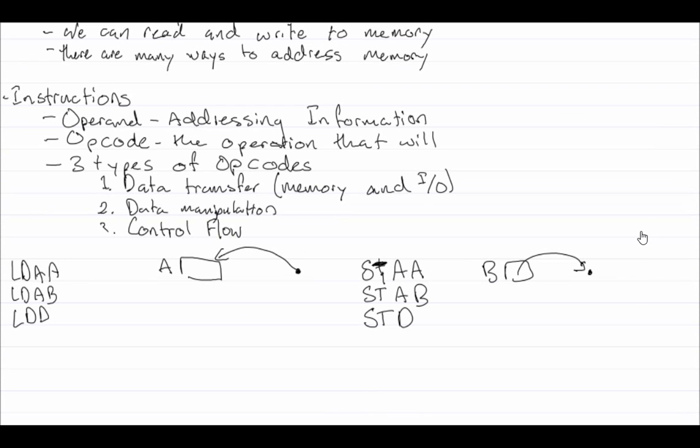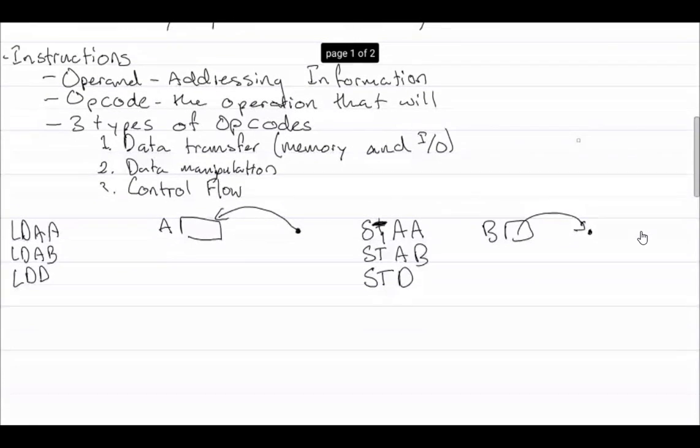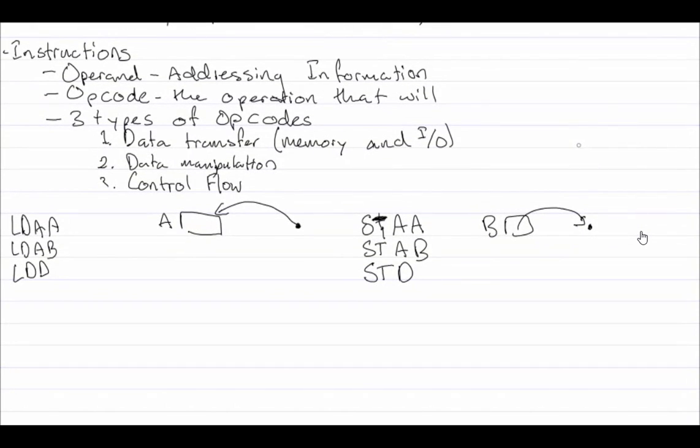Alright, the next thing we're going to look at is how to write instructions in HC12. The first thing we have to look at is how the syntax works. First we look at the opcode and the operand. The order in which we write an instruction is first the opcode and then the operand.